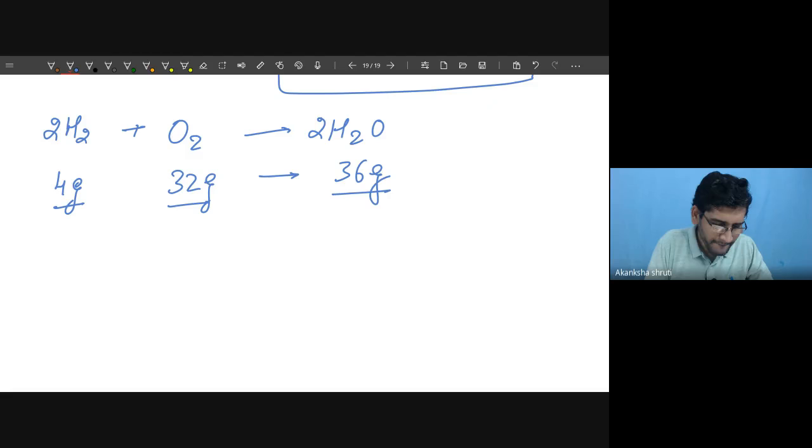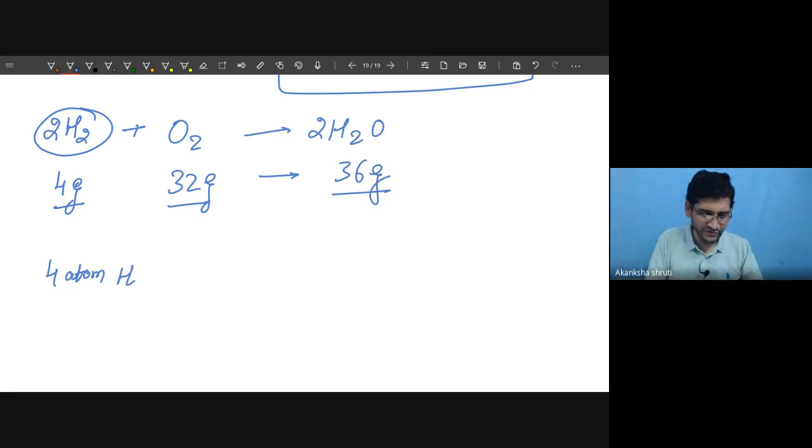So it was found that this hydrogen, which is 2 atoms here, or 4 gram of hydrogen was required. So considering this, the suffix 2 gives the total 4. So this was expressed as 4 gram.